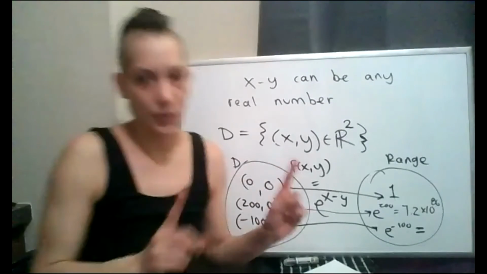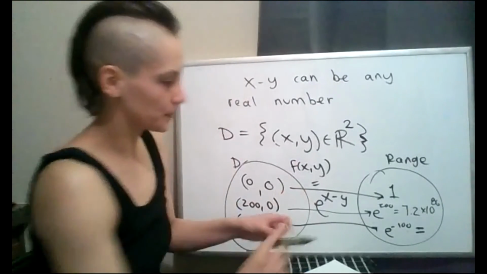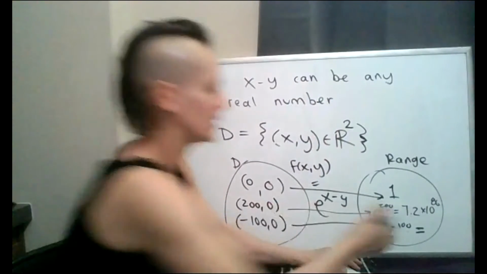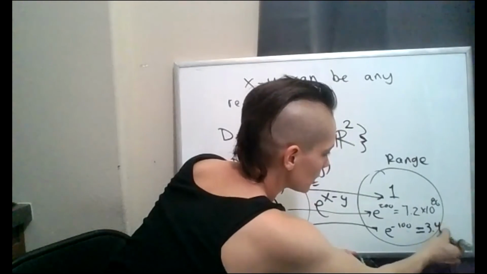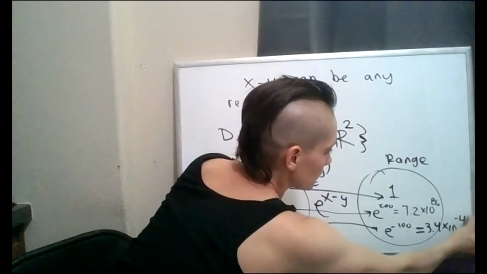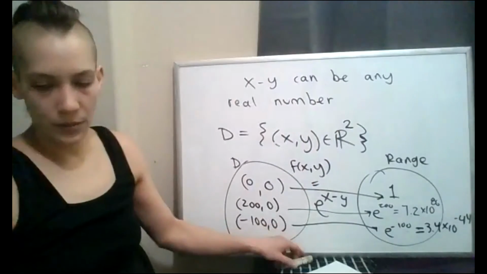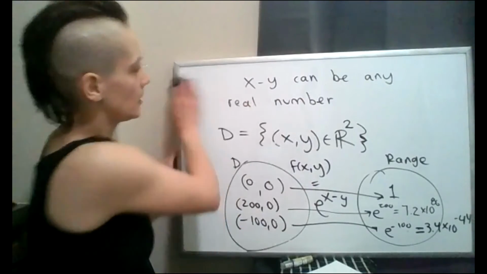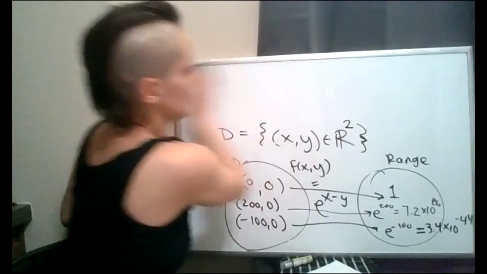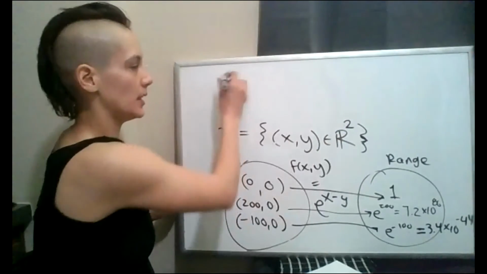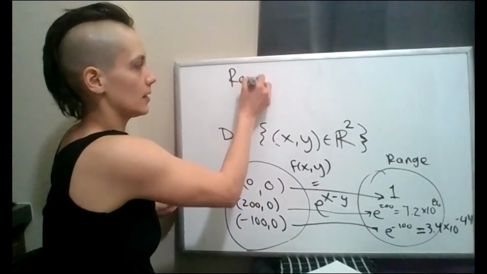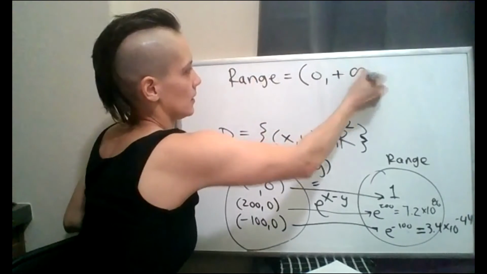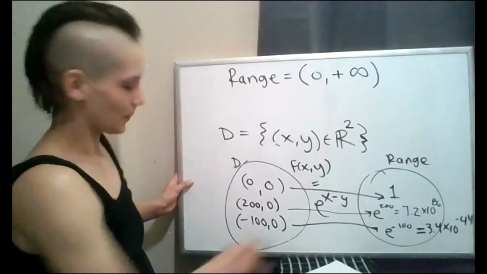Okay, so it's still a positive number. It's a very, very small one. 3.4 times 10 to the negative 44. Our range is going from 0 and above, like this. Sweet.